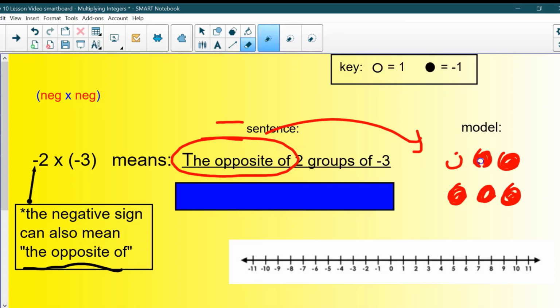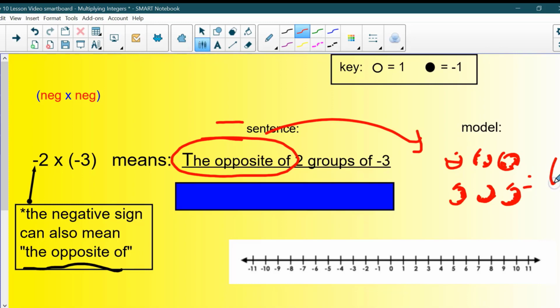Right, +6. So I'm going to see if I can erase this a little bit. See if this works. All right, so the answer is +6. Except my pen is, again, not working. So how would we show that on the number line? Again, we want the opposite of what? Two groups of -3. Well, let's show two groups of -3 first. Here's one group of -3.